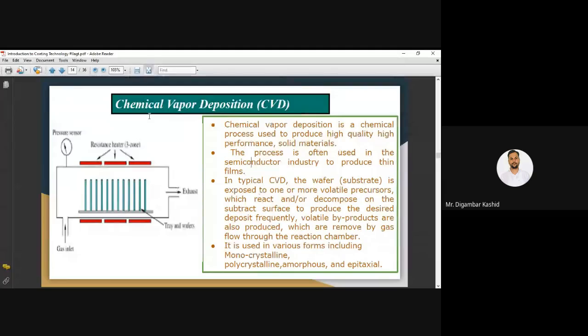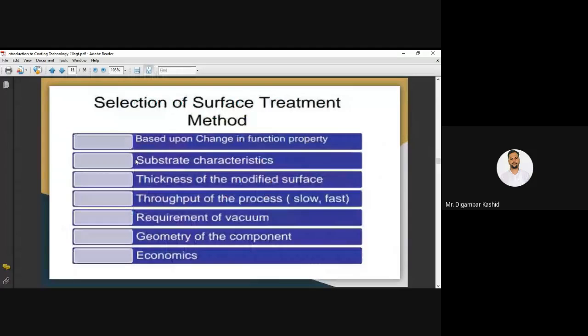In detail also we are going to talk. Now, how to select the appropriate surface treatment method or surface coating method? What are the criteria while selecting that surface treatment method? So here again, one of the authors from the IIT.